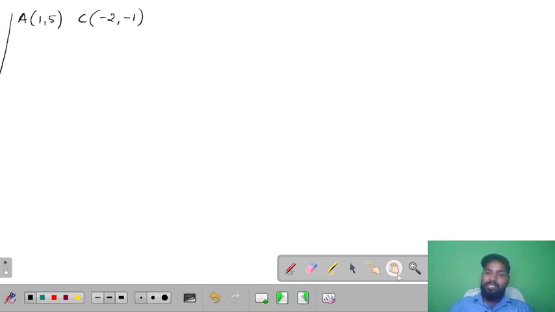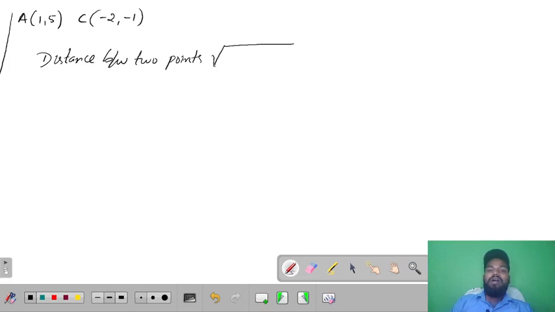So the distance between 2 points equals the square root of x2 minus x1 whole square plus y2 minus y1 whole square.